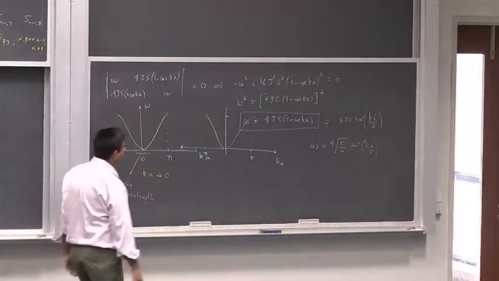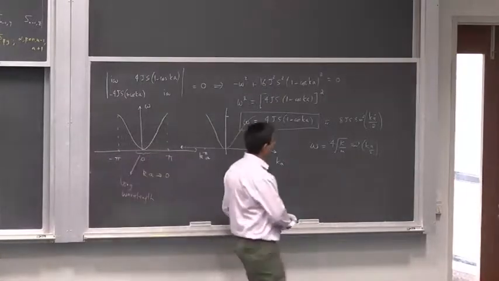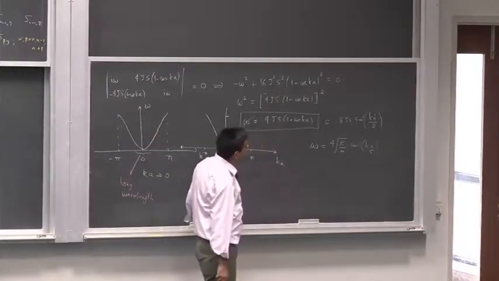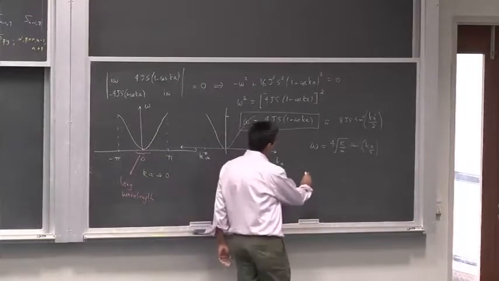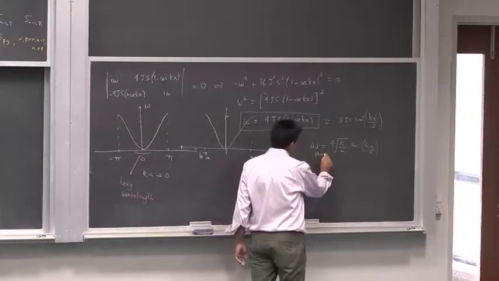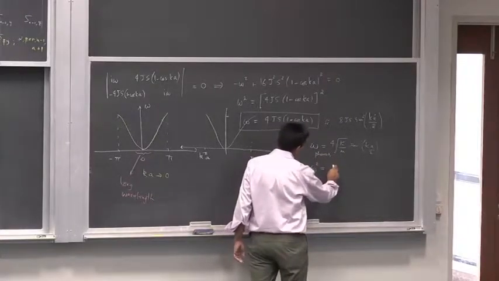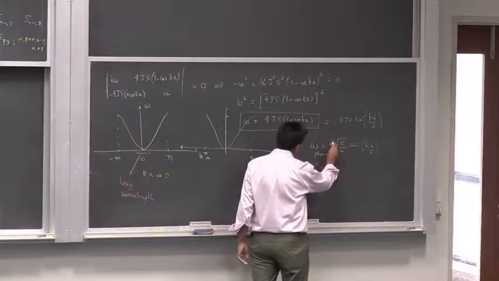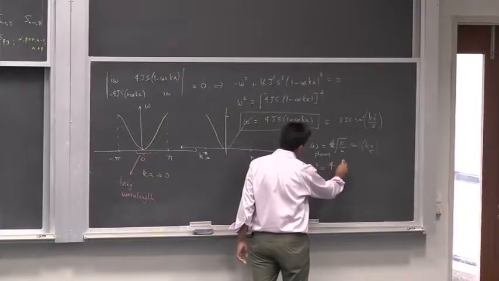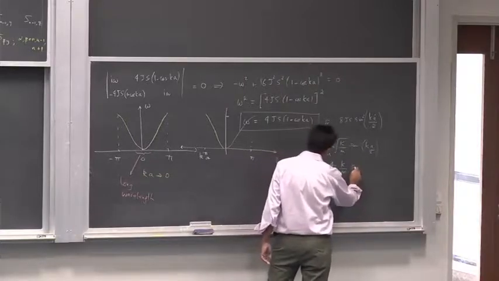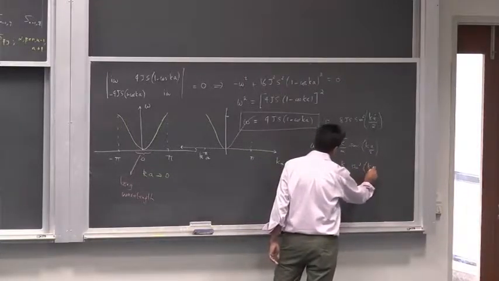For phonons, it's not the same. For phonons, it's sine Ka over 2. Omega square for phonons is 4K over M sine square Ka over 2.